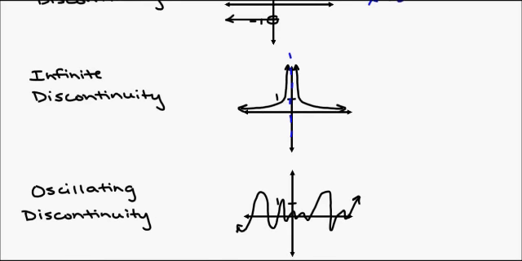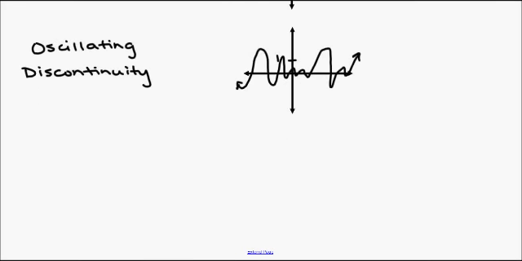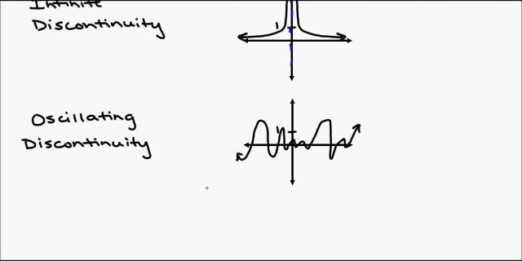And we have the oscillating discontinuity. So this one is just all over the place. It isn't necessarily approaching anything, but it's just bouncing back and forth. So yeah, this oscillates too much to have a limit as x approaches 0.